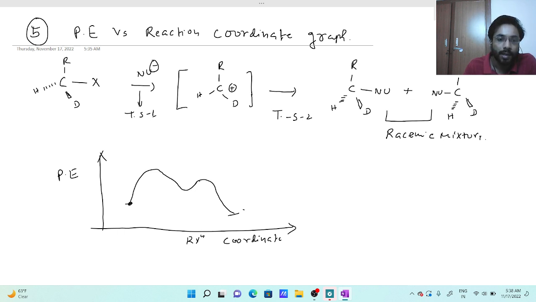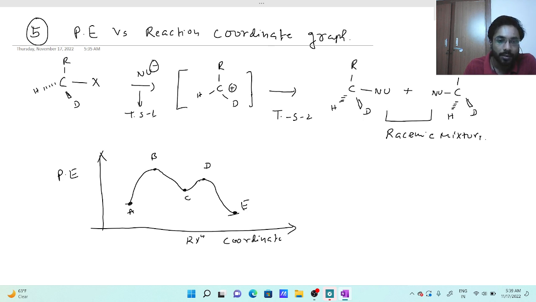So this is point number A, this is point number B, this is point number C, this is point number D, and this is point number E. What is point number A? Point number A is simply that point at which reactants are reacting.